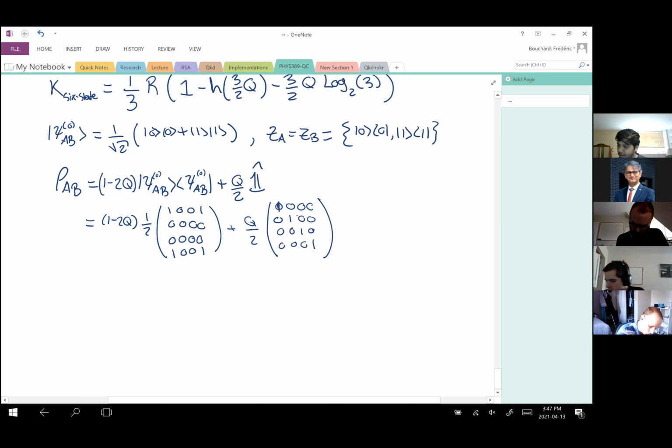So you see the two states here, these are actually already in a diagonal form. But the problem is the first and the last row, they're not diagonal. So what we'll do is we'll play a little trick and we'll write them in terms of orthogonal states.